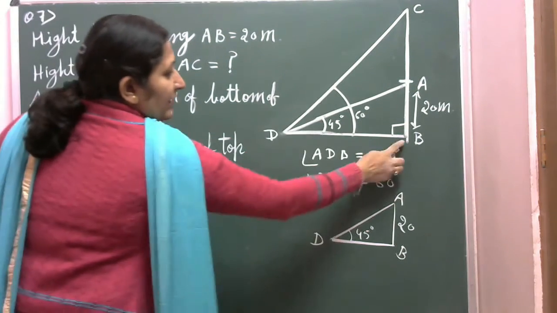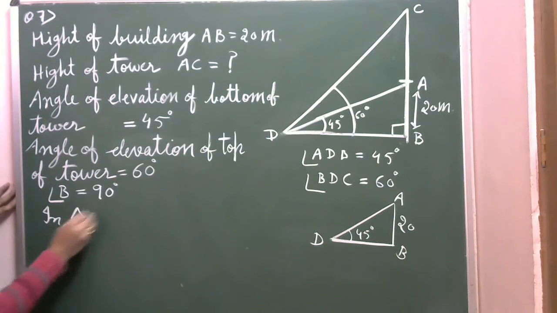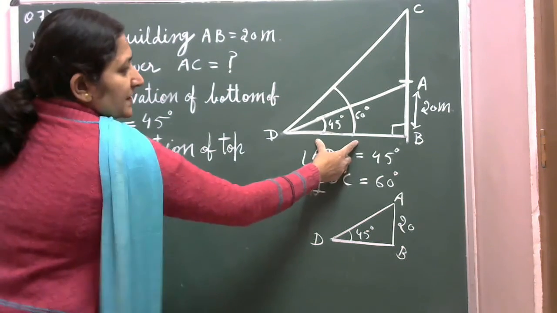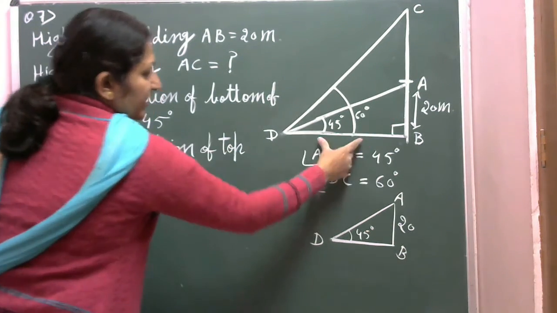So for that what do we have to find out? BD. And how can we find out BD? In the triangle ABD, what will be there? We don't know the base and it is perpendicular. So base over perpendicular is cot theta, or you can use the formula of tangent of theta. So here theta is 45 degree. Tangent of 45 degree, because we know the height, here we have to find the base.